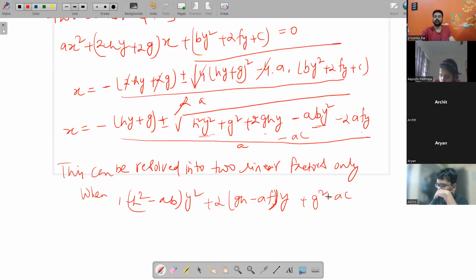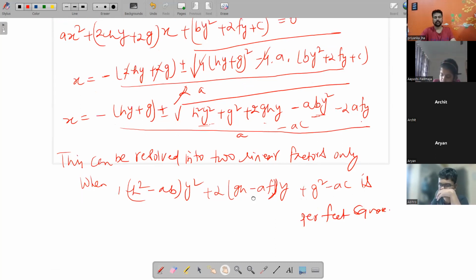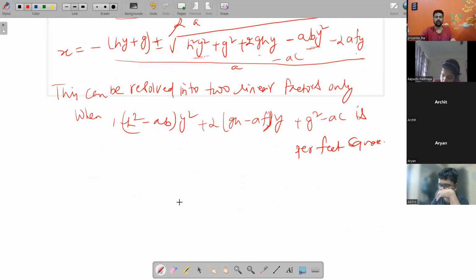This can be resolved into two linear factors only when this is a perfect square. Now we can see that this is quadratic in y, and if this quadratic expression is a perfect square, it means that the discriminant of this must be 0.